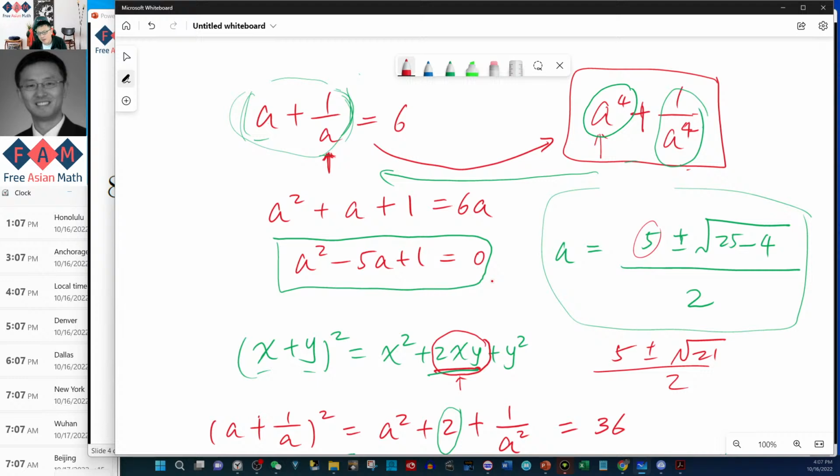Say we want to get a particular algebraic expression, we can take the hard way to compute all the underlying numbers to get there, or we can cleverly take some shortcut. And sometimes it's even impossible to solve for all the underlying variables, but we still can get the target expression, like in the previous problem.